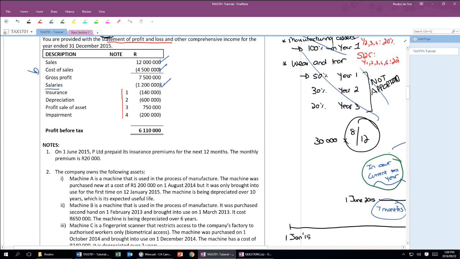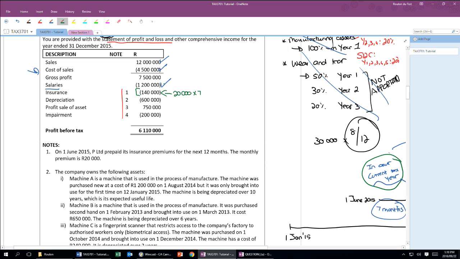Now, if you look at the question, they tell you that the monthly premium is 20,000 rands. Make sure that you can see this. It is important to remember, if you look at the amount that has been deducted in our statement of comprehensive income, it's 140,000 rands, which is 20,000 times 7. Please don't think that the 140,000 rands there represents the 12 months period, because remember, we have the accrual basis in accounting.